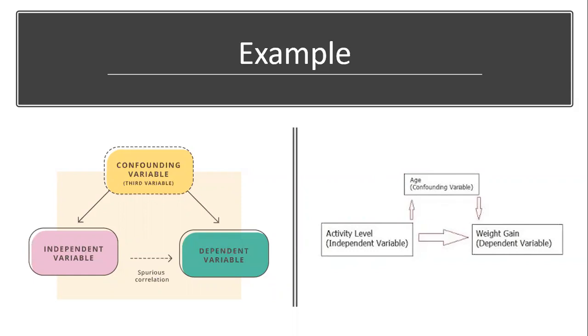There are a number of confounding variables that can influence the relationship between activity level and weight gain. But the thing to keep in mind about confounding variables is that they are unmeasured. These are variables that are not necessarily captured by the researcher in a research study. However, they can still influence the relationship between the independent and dependent variable.